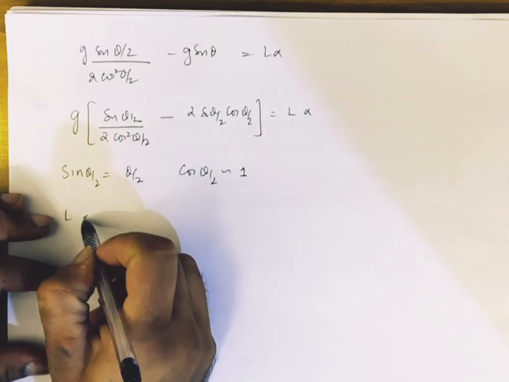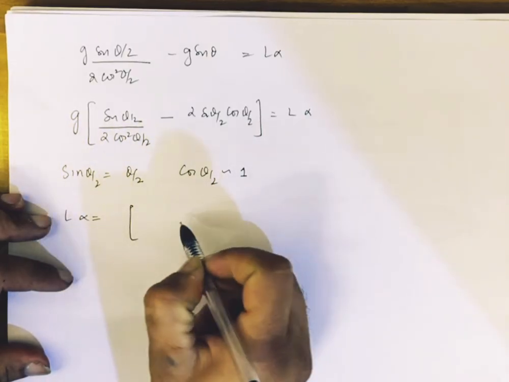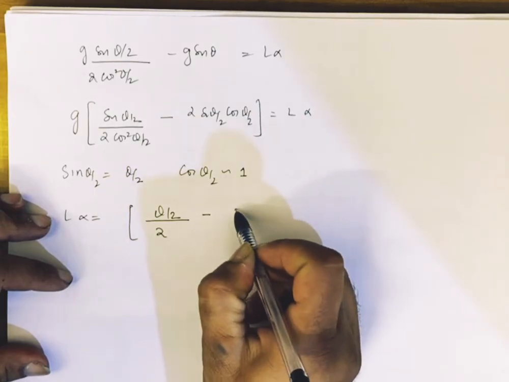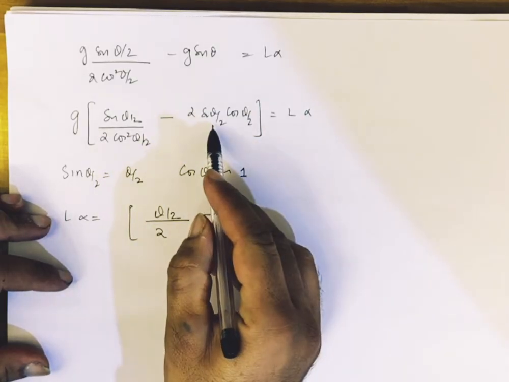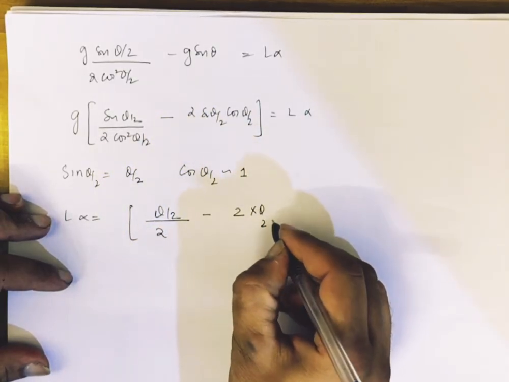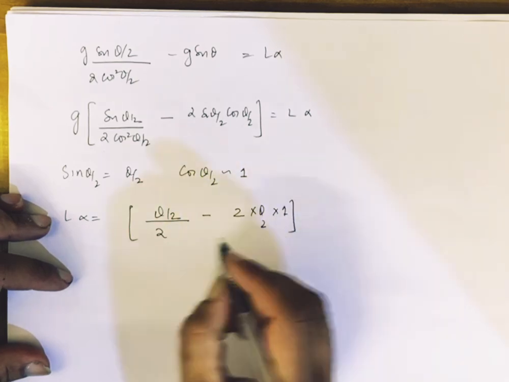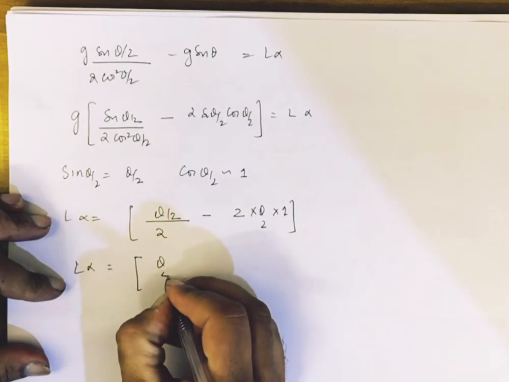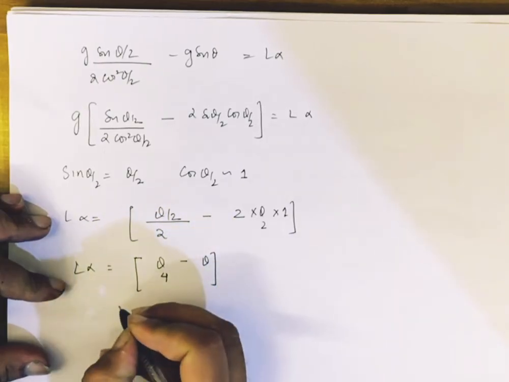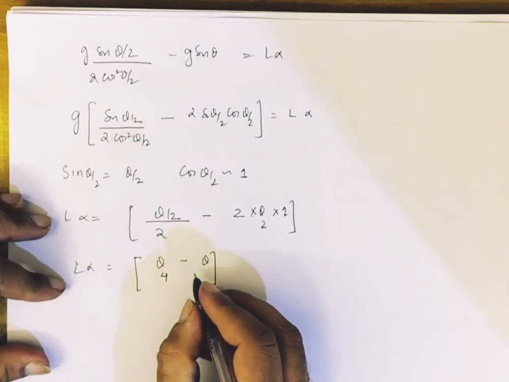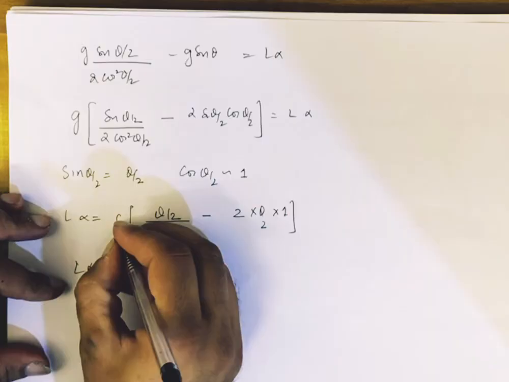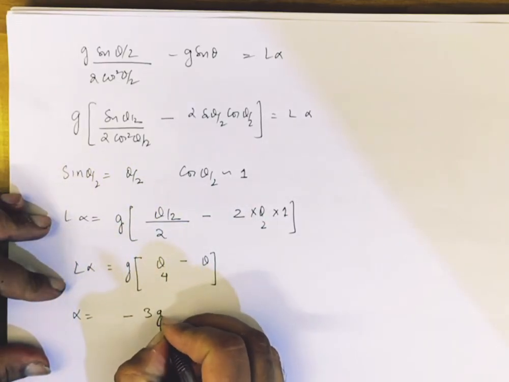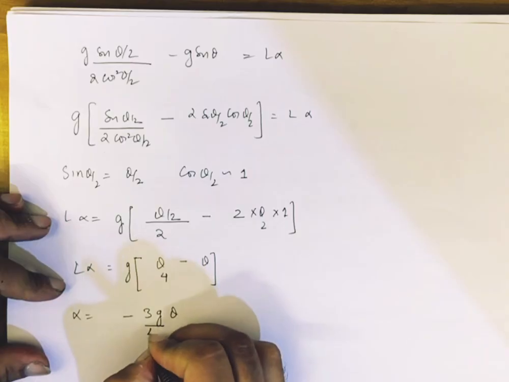So with this substitution, we get theta by 2 divided by 2, minus 2 times theta by 2 taken as 1. So L alpha equals, this is theta by 4 minus theta. So I'll get 3 by 4, with g left out actually. So alpha will be minus 3 g theta by 4L.